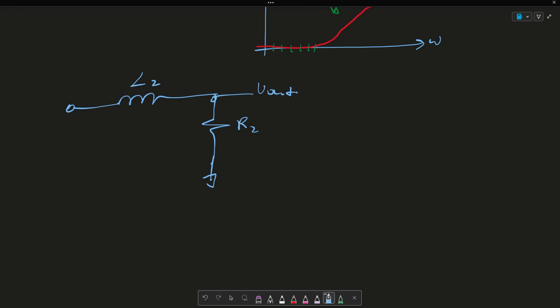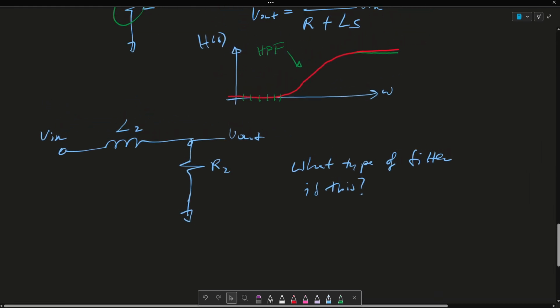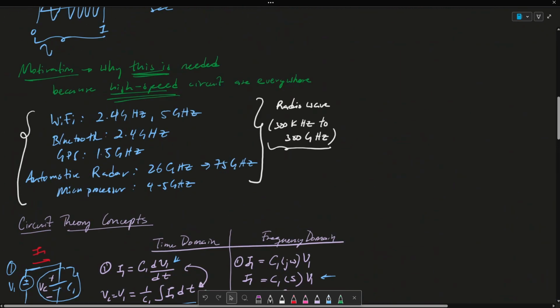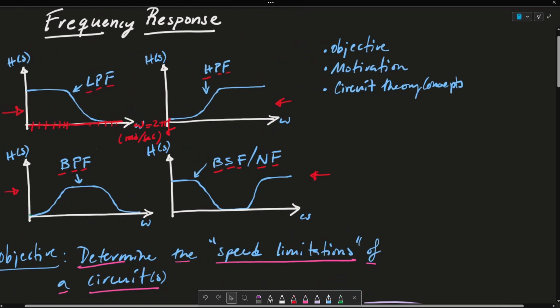This is V out, and this is V in. So what type of filter is this? What type of filter is this? And you can leave your answer in the comment section below. And essentially, that's the general gist of frequency response.